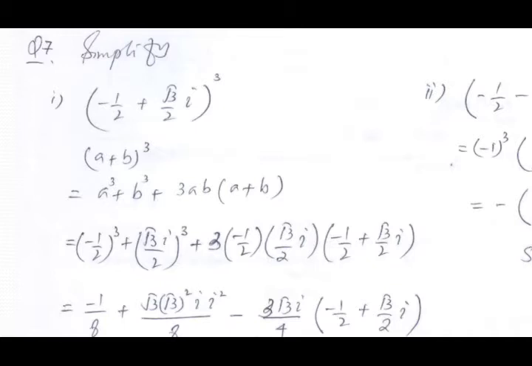Cube of a negative number is negative. Cube of square root 3, we can write it as square root 3 and square root 3 whole square, and iota cube is iota and iota square.